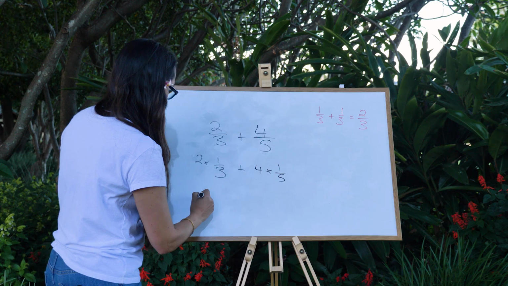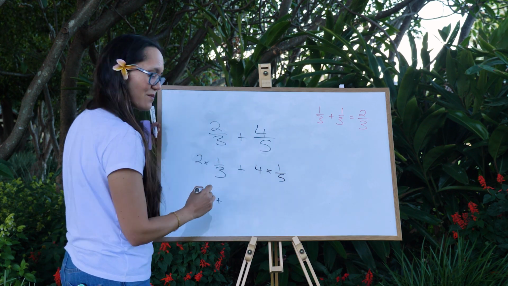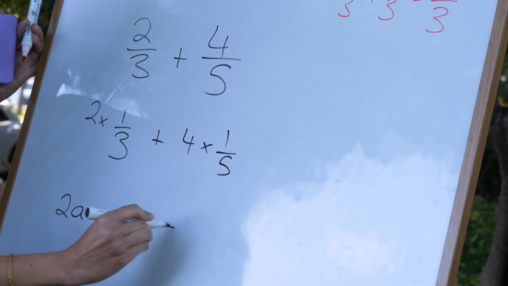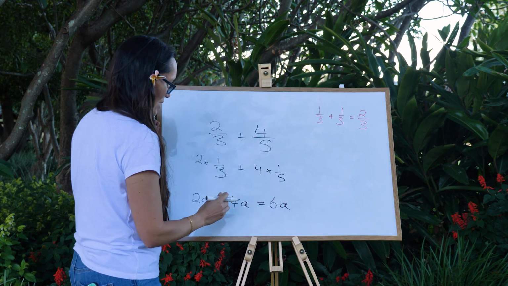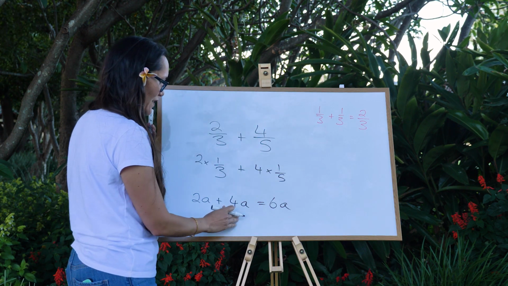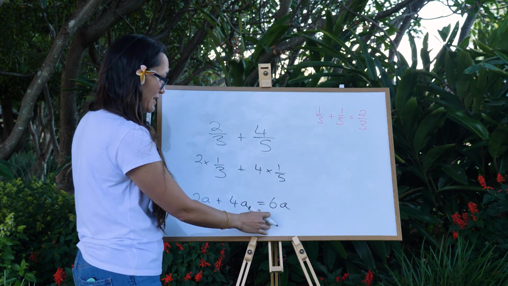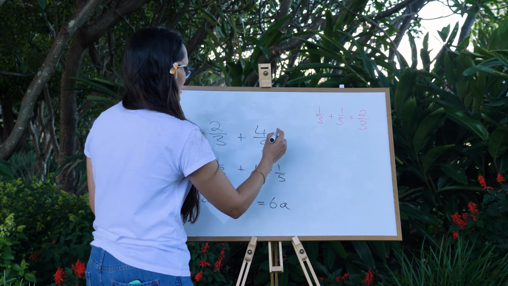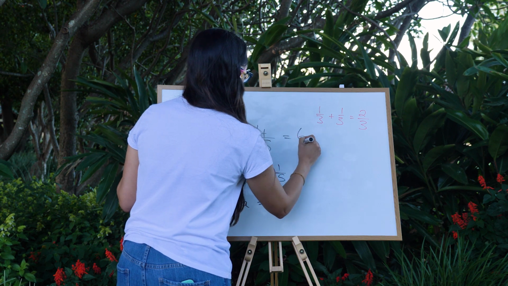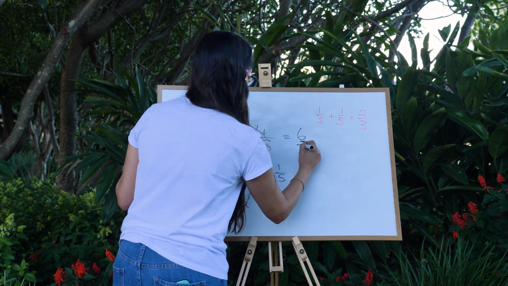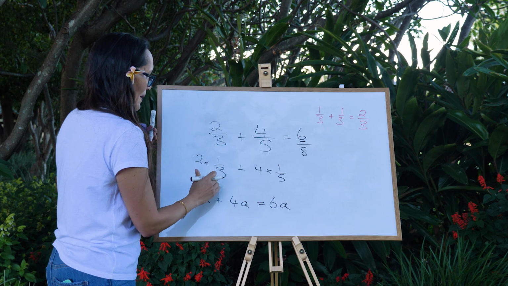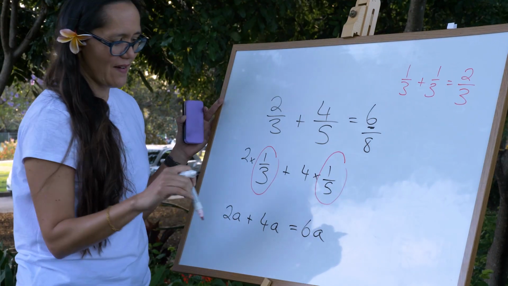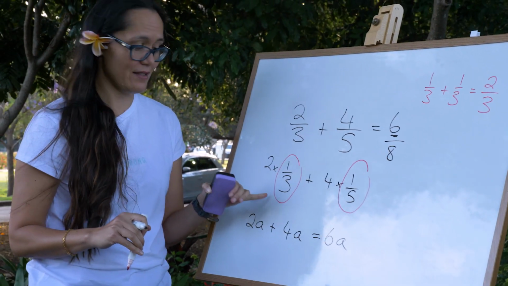When I have it in this format, it reminds me of algebra. One of the first rules we learn is if you have things that are the same, you can add them together. So if I have 2A's and 4A's, I have 6A's altogether. That's kind of what is happening when we try to add just the top. We've got a 6 here. But if I look at my fractions, I don't have the same number here.